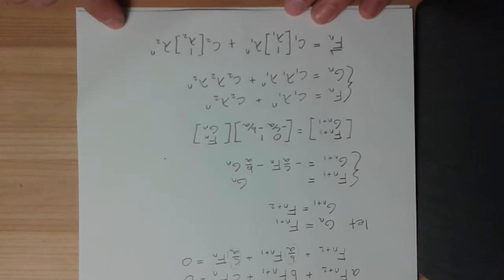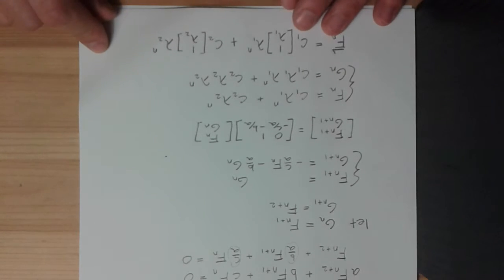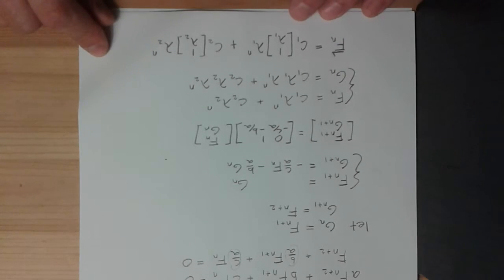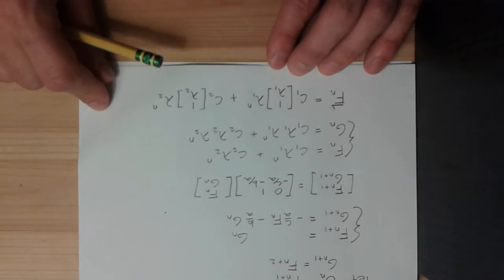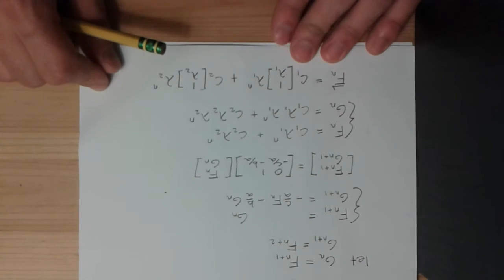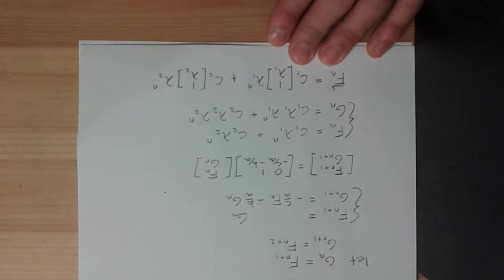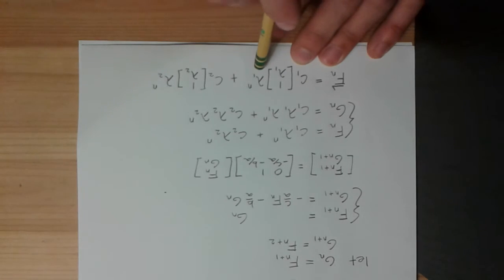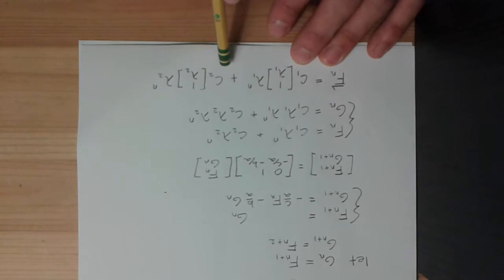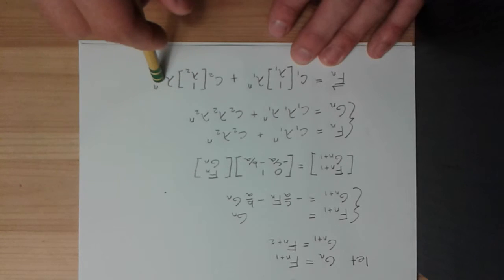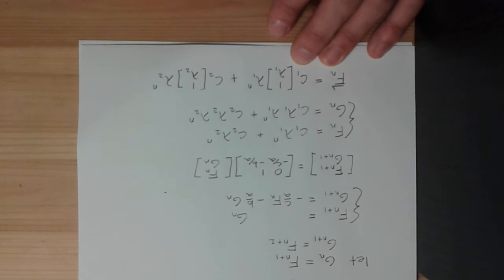So it's kind of a leap, but what we could do is assume that in general these matrix equations have solutions of this form: an arbitrary constant times a vector times some constant lambda to the power of n, plus another arbitrary constant times another vector containing some constants and another number lambda to the n.